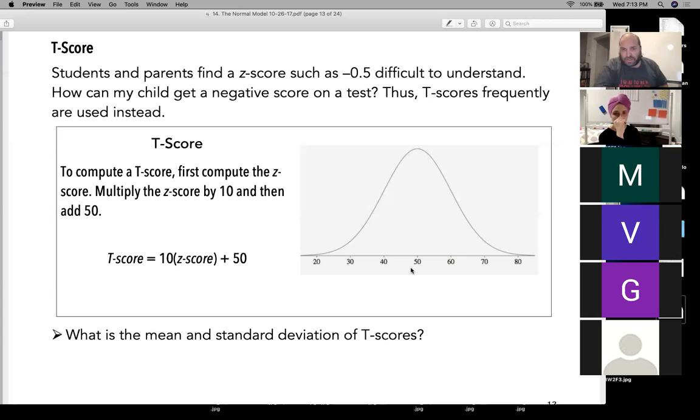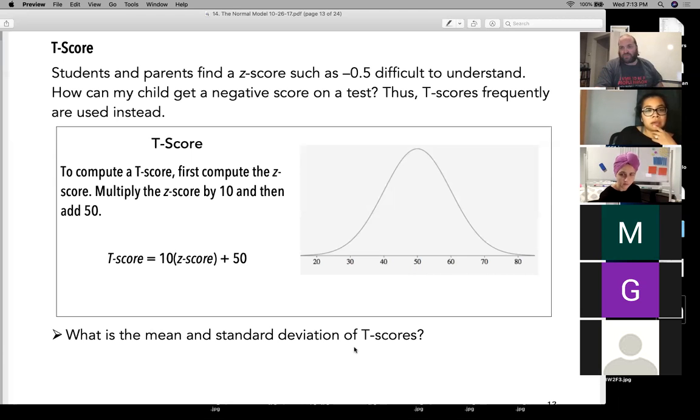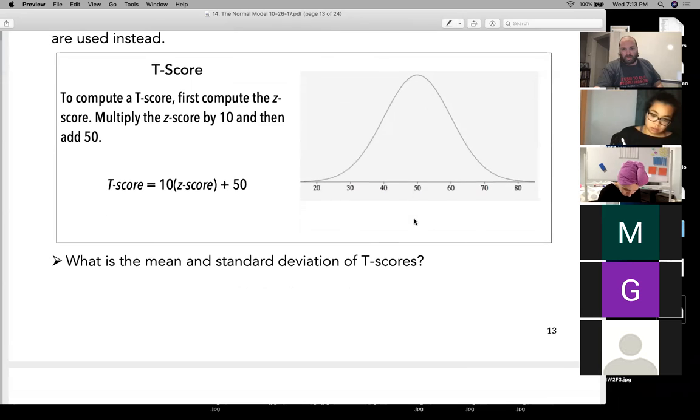From the looks of this graph, what does that equal? From 40 to 60, that would be 1 deviation left and 1 deviation right, so 10. So the standard deviation for t-scores is 10. 50 to 60, 50 to 40, that's 1 deviation left, 1 deviation right. 70 is 2 deviations to the right, and so on. So these are the standard deviation and means for the t-scores.